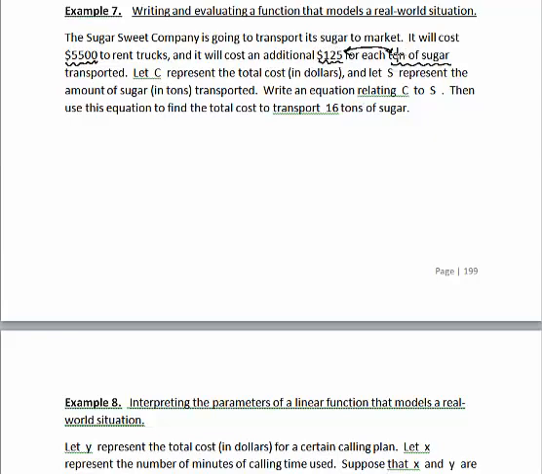That usually should indicate what your slope is going to be of your linear equation. So we'll write our slope is 125 over 1, dollars to tons.